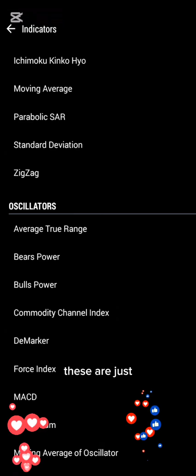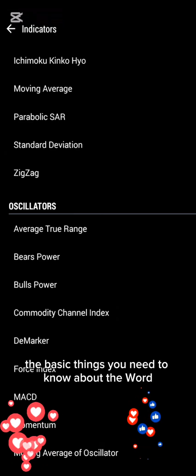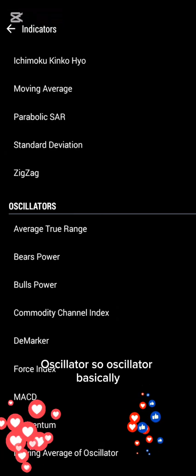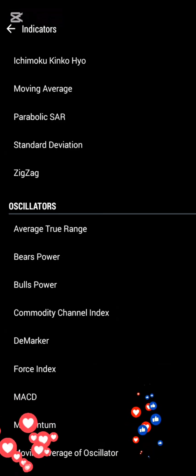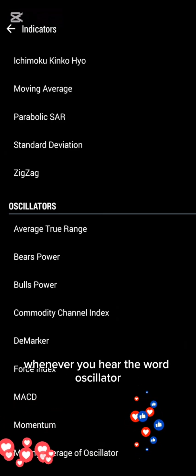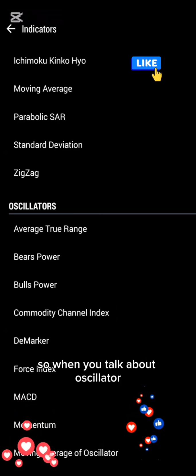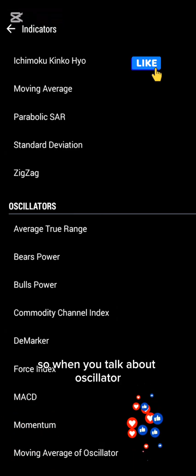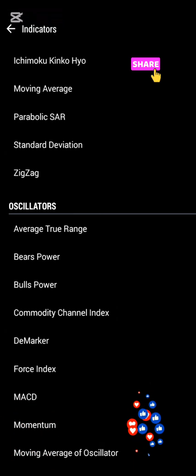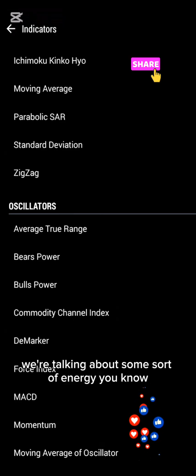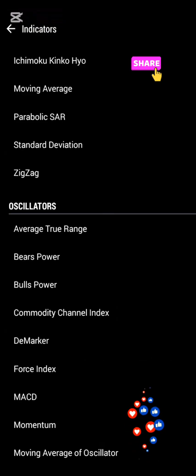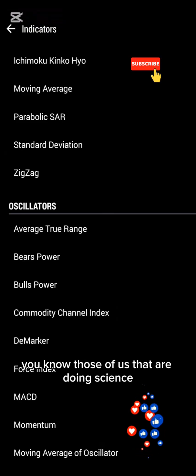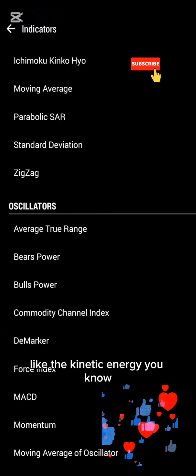These are just the basic things you need to know about the word. Whenever you hear the word oscillator, we're talking about some sort of energy of motion, like the kinetic energy for those of us that did science.